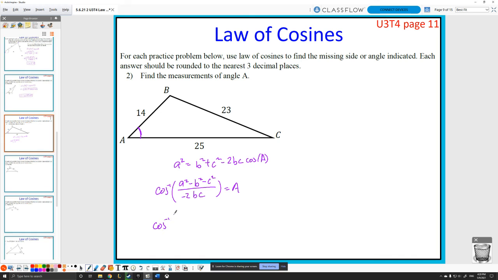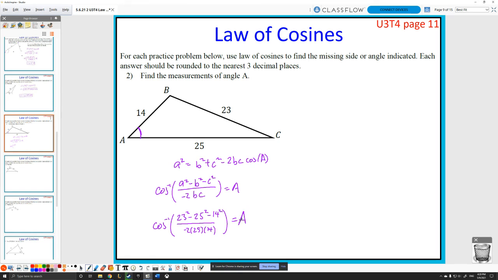So now I'm going to put in the numbers. A is 23 squared minus B, which is 25 squared, not that it really matters, minus 14 squared, all over negative 2 times 25 times 14.